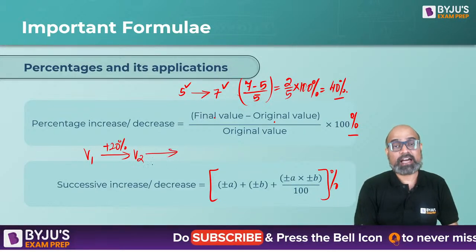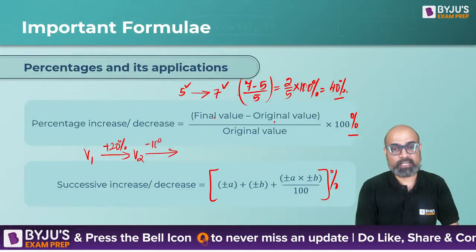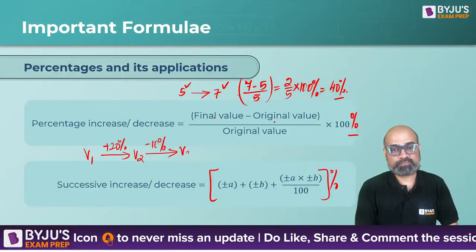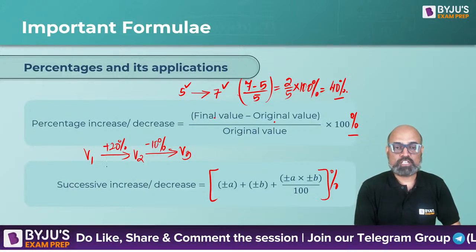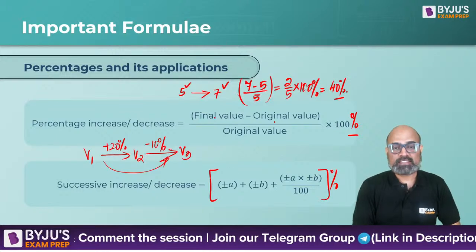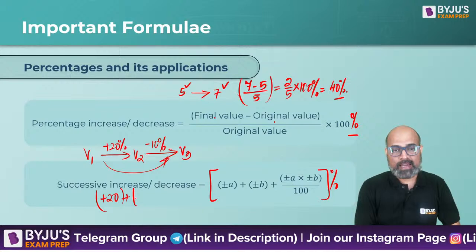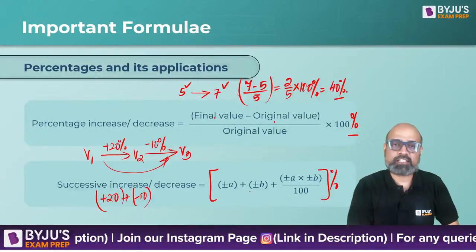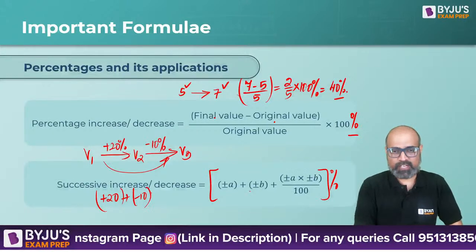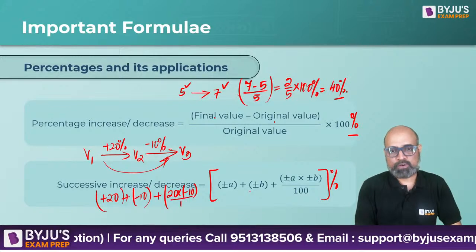And now the second value, not the first, decreases by 10%, and you end up at a third value. To see the overall change, you write plus 20 and minus 10 using the formula. Plus happens whenever there is an increase, minus whenever there is a decrease, right? And plus 20 into minus 10 upon 100.